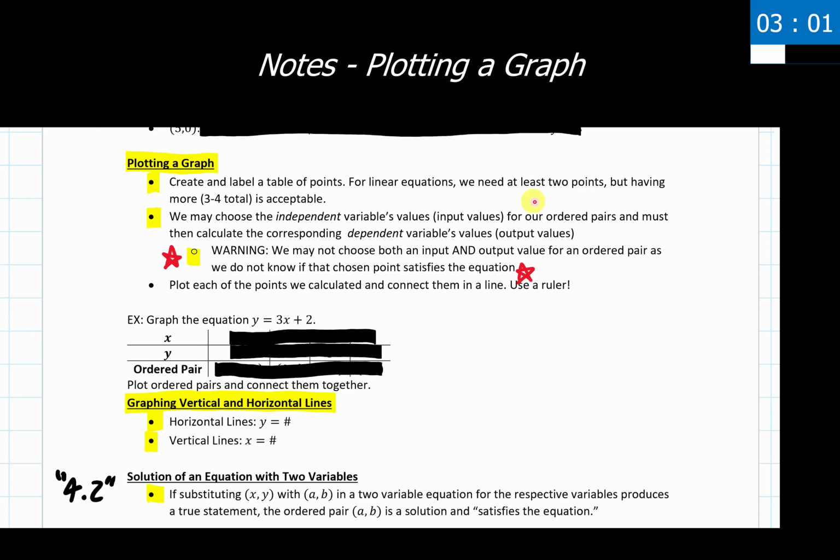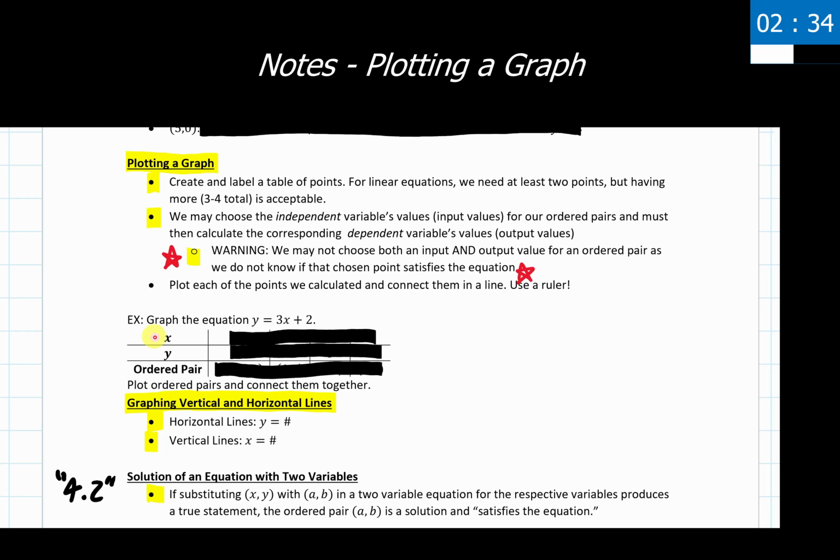So when we are going through and plotting these things, we get to choose what's referred to as the independent variable's value, the input value. We can choose any number that we would like to be our x value or our input value. This means that you can choose the number 0, the number 1, the number 5, the number negative 3.